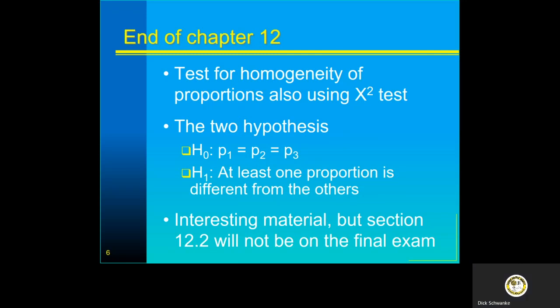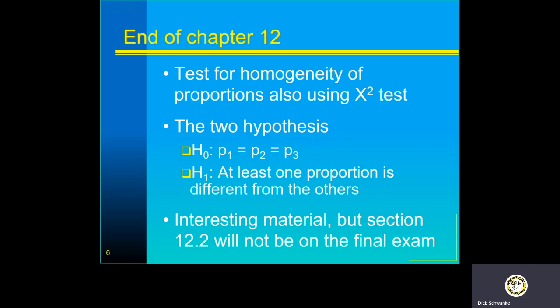So in the rest of chapter 10, we have a homogeneity of proportions, which also uses the chi-square. That would have been pretty handy in that one example we had a couple sessions back with the flu shots at the nursing home, because there we had 4 proportions potentially, right?